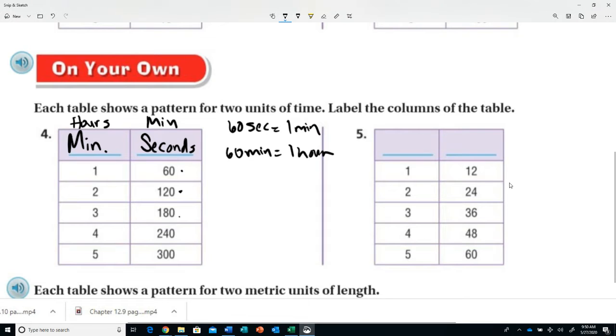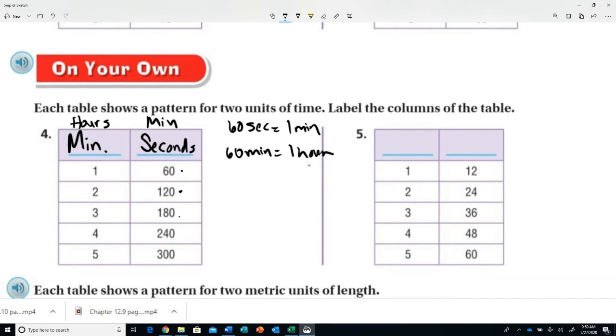Okay, 1 to 12, 2 to 24, 3 to 36. Remember, we're talking about units of time. So think a little longer than our minutes and seconds. If I continued this on, I would get to 24 hours makes 1 day, 7 days make a week, 4 weeks make a month, and 12 months make a year.